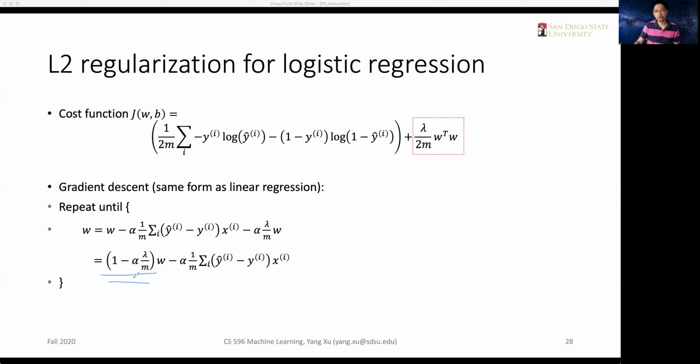So the new updates for W will have smaller magnitudes, controlled by the lambda. So lambda is something we predefine when we design a model. We need to consider how much regularization we want to place, so that overfitting is avoided. Okay.